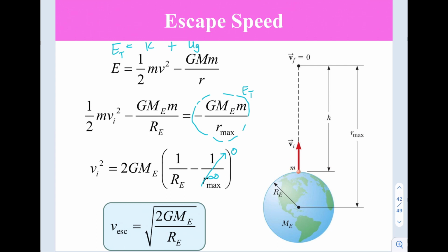If the object manages to get this value of V initial, it will escape from the Earth's surface and not return anymore, because finally it will reach V final equivalent to 0. This is what we call escape speed. So it depends on the mass of the planet and the radius of the planet, not the mass of the object.